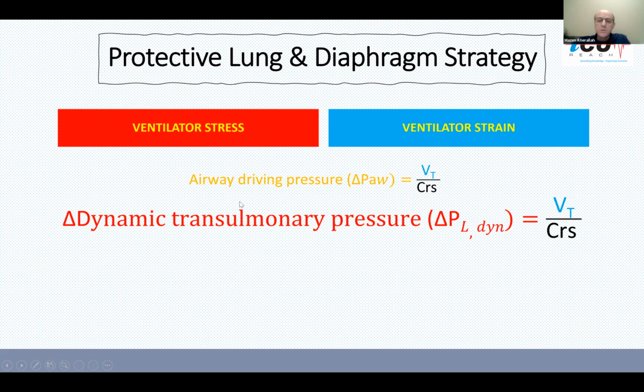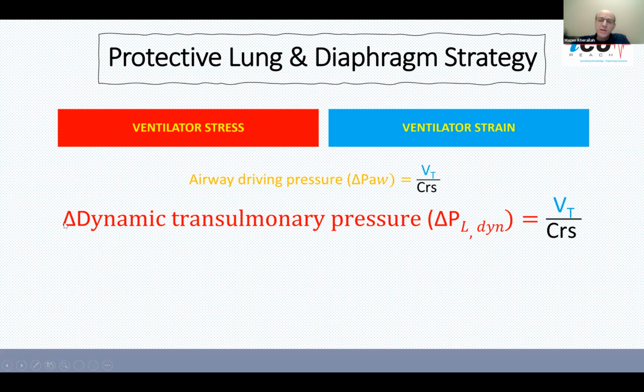But you don't need to limit your views of protective lung strategy to what's happening on the ventilator. You need to see what's happening on the patient side also. And that's why I changed this driving pressure to transpulmonary pressure.